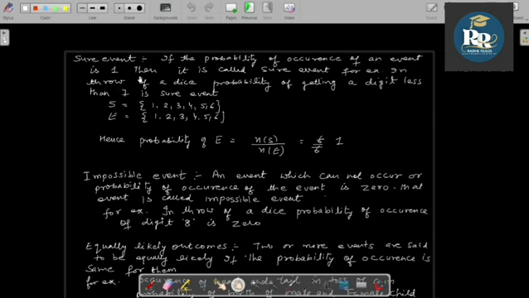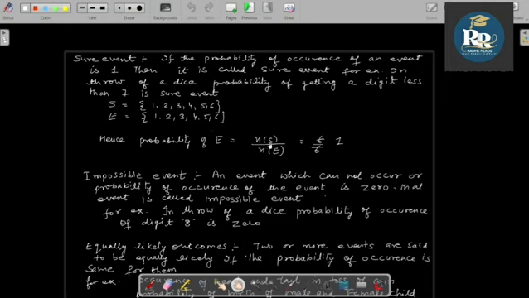What is a sure event? An event is called sure if we are 100% sure that it will definitely come. That means the probability of occurrence of the event will be 1, or I can say 100% chances of occurrence of the event. Then it is called a sure event. For example, in throw of a dice, the probability of getting a digit less than 7. All are less than 7: 1, 2, 3, 4, 5, 6. So I have sample space 1, 2, 3, 4, 5, 6 and the event also 1, 2, 3, 4, 5, 6. So what is the probability? How can we define probability?